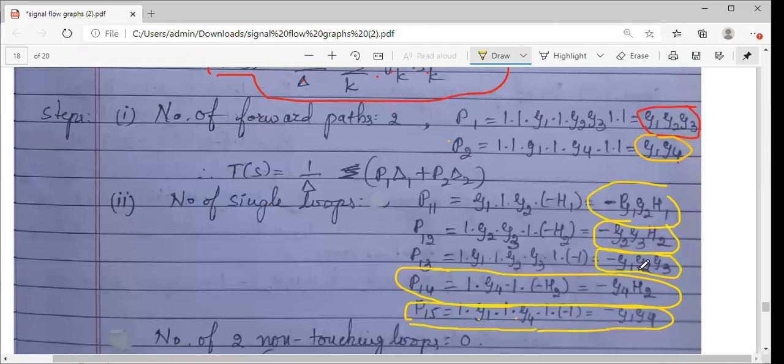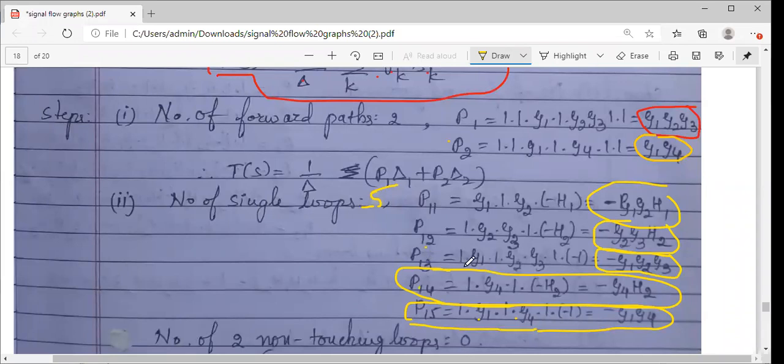So just by looking, you assume that there are only 3 loops. But however, sorry, I have not written. So totally, the number of single loops is 5 here. And mark them as P11, 12, 13, 14, 15. The first 1 indicates single loops. The second number is the number of loops, 5.